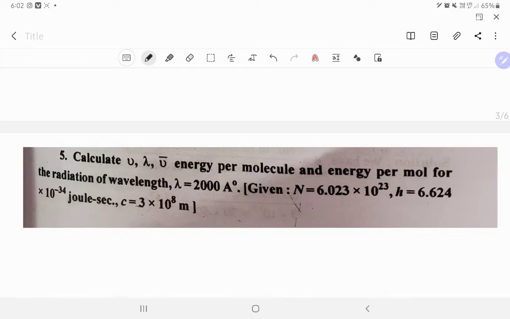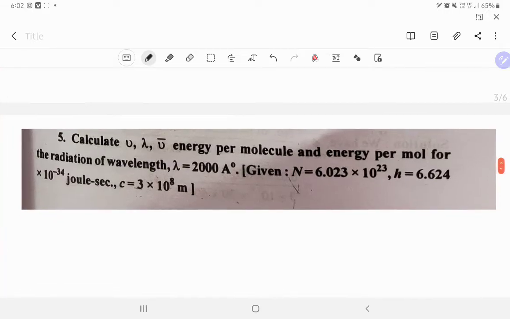Calculate nu, lambda, nu bar, energy per molecule, energy per mole for radiation of wavelength. Actually, this is not for molecule, it should be per quantum.